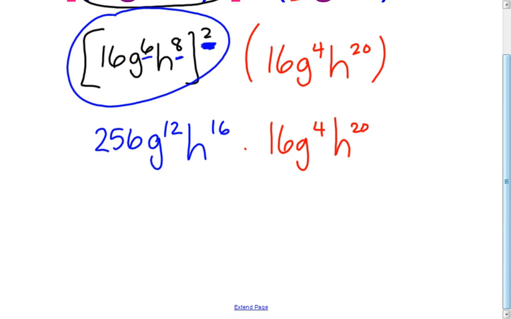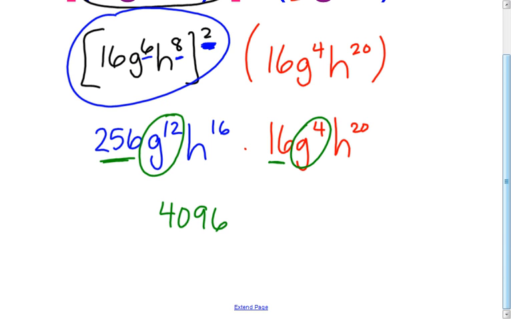Okay, and now I am multiplying these. So now I want to take 256 times 16. And when I take 256 times 16, I get 4,096. And then now you see you have two bases. I have a g to the 12th and a g to the 4th. So that's like saying g to the 12th times g to the 4th, not raised to a power. Now what I want to do is add those exponents.